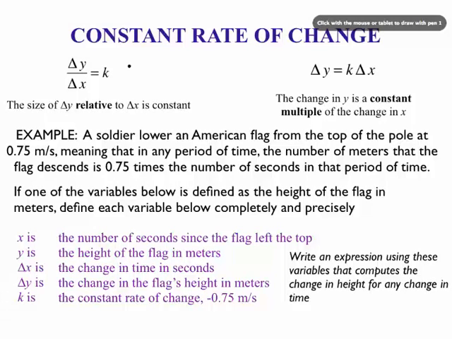Next. Write an expression that computes the change in height for any given change in time. So you know a change in time, and you want to compute the change in height. What expression would you have? You said delta y equals k, which is negative 0.75 times delta x.